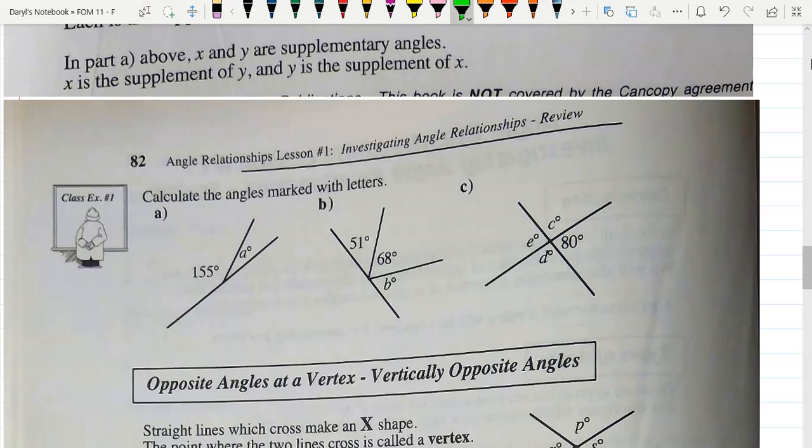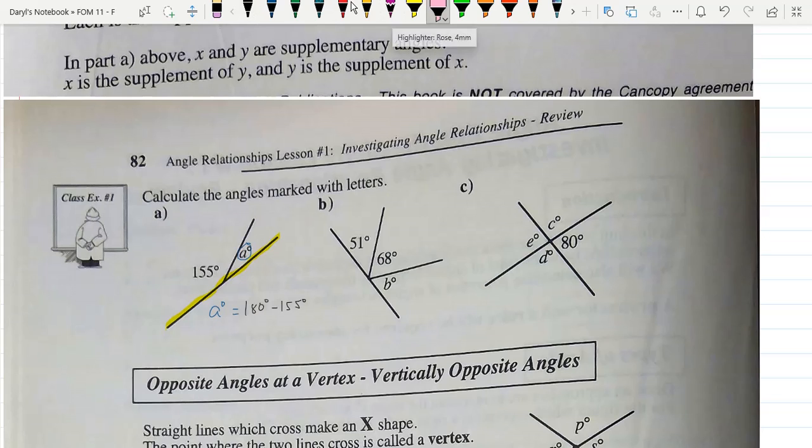So let's take this example here. So what would be the measurement of my angle A? Well, angle A would be, remember that this is a straight line. Well, this is a straight line here. So therefore, if that is a straight line, the sum would be 180 degrees. So that means that angle A would be 180 degrees minus 155 degrees.